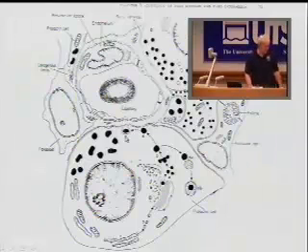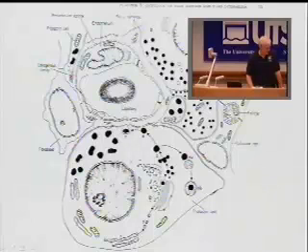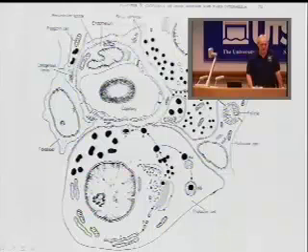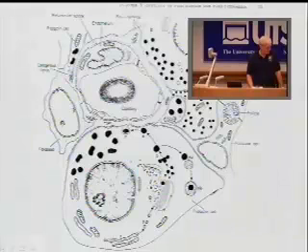since we just talked about the synthesis of the anterior pituitary hormones. So somewhere in the nucleus, there's the gene for the corresponding hormone, in this case prolactin.